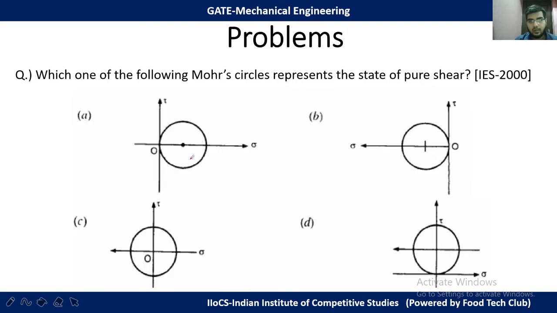Only this option gives that type of circle. This is the value of tau, the applied shear stress, and sigma x and sigma y are 0.